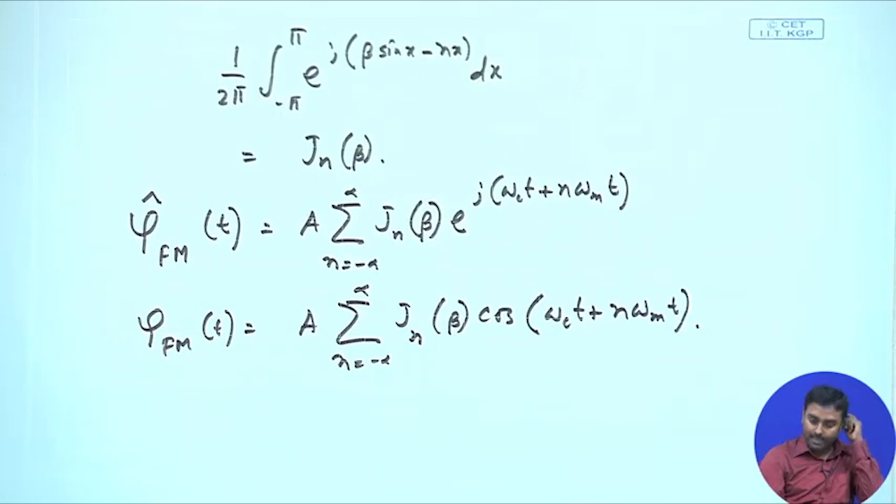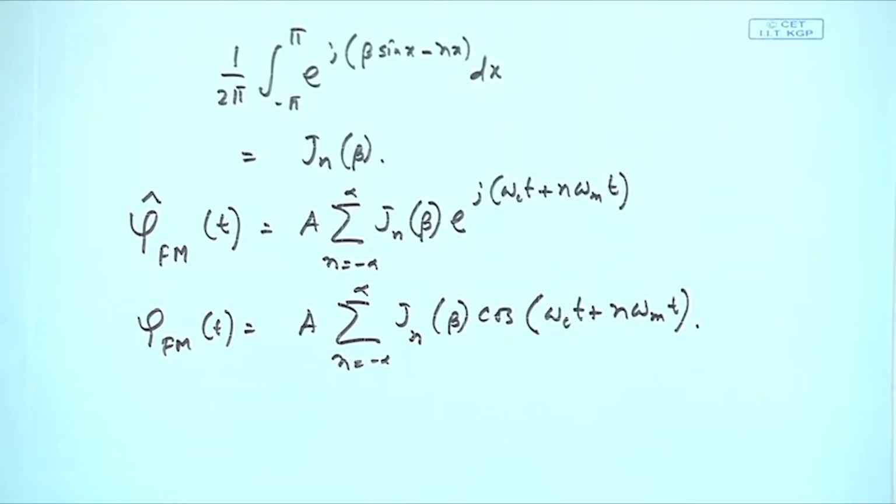You can see that at ω_c I have something, and then plus n, minus n, all infinite terms it is creating. So, again we can say probably the overall frequency is infinite, because n goes from minus infinity to plus infinity, all of them will be populated.